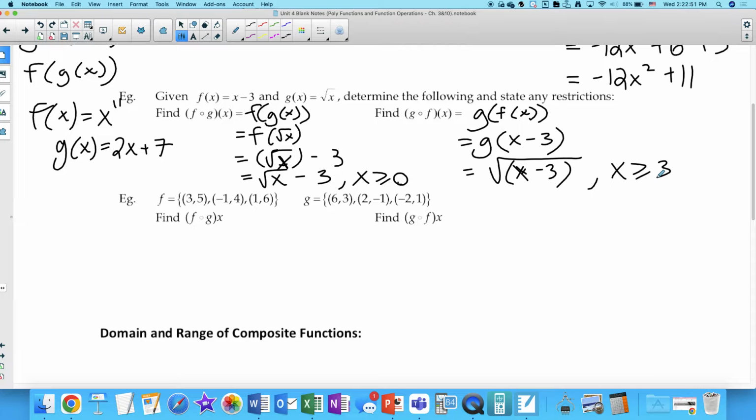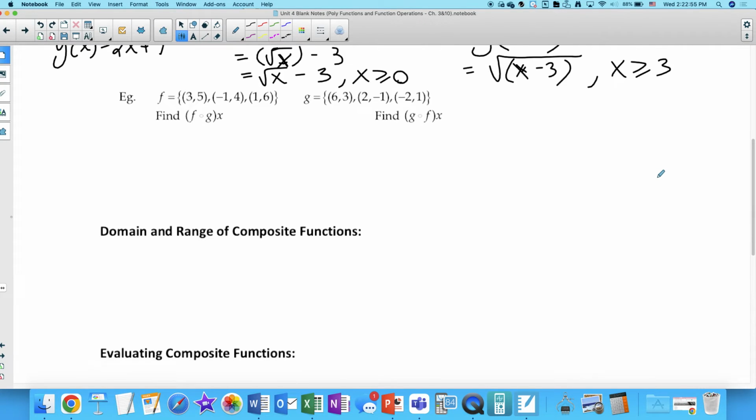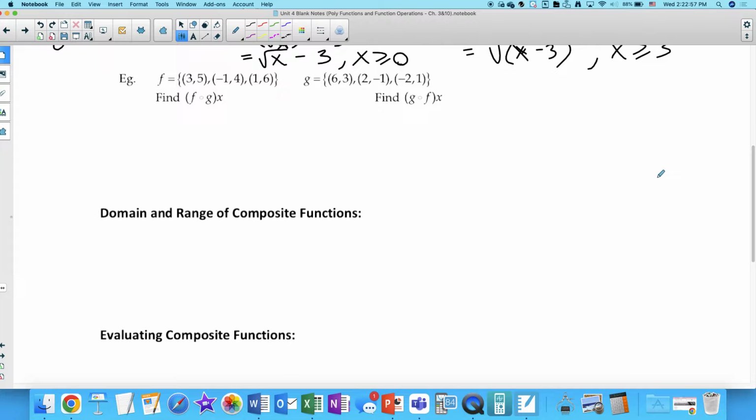We're going to look at f of g of x first. When we have this type of function that's discrete, not continuous, just 4 points, we have to scrutinize the composite function over every single point.